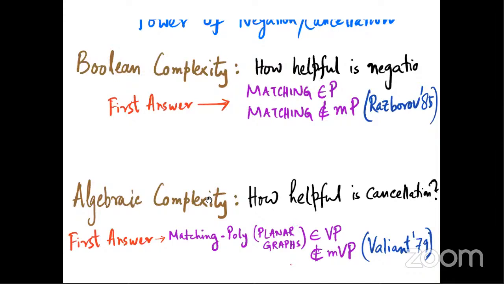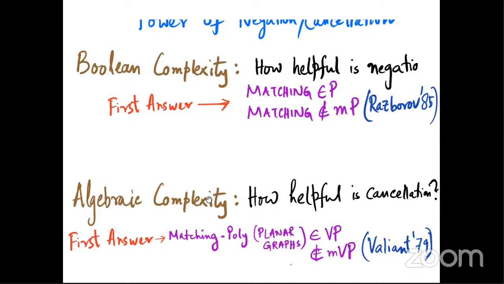This is an algorithm that we learned in an algorithm class. And Razborov showed, very interestingly, that this is not in monotone P. Matching is a monotone function: if you have a perfect matching and you add edges to the graph, it will continue to have a perfect matching. But strangely, the power of cancellation is crucial to compute it efficiently.